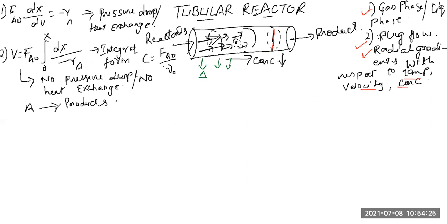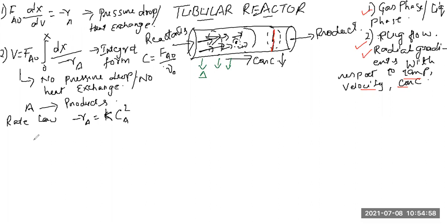So for this reaction, the rate law would be minus RA equals k, the reaction rate constant. Since this is an isothermal reaction, k would be constant. CA is your concentration at any time t along the length of this reactor.